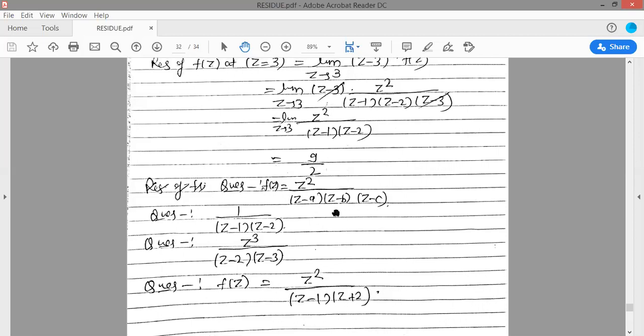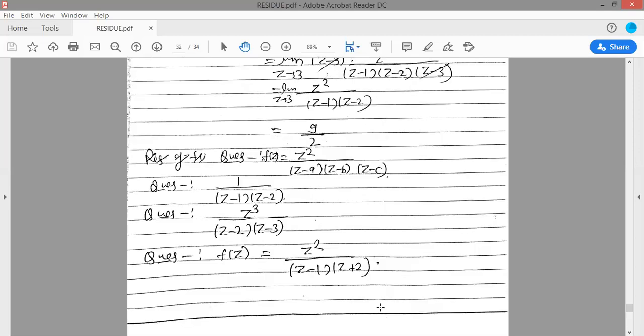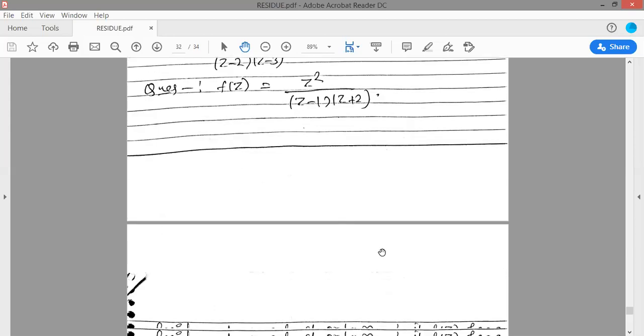Just put the denominator equal to 0. So these are your simple poles, poles of order 1. So just find the residue at these simple poles, right? At the pole singularities. I will give you the answers of all these 4 questions in our next video.